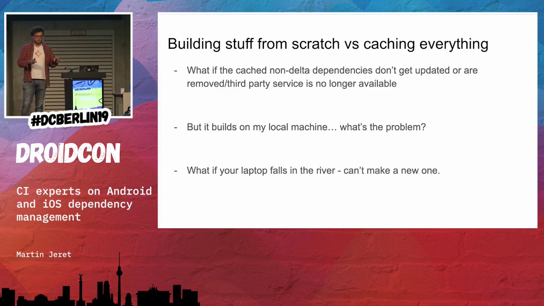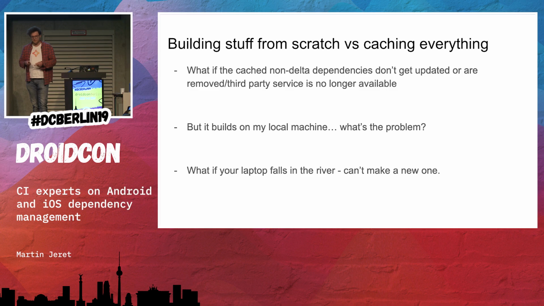Then the Anka controller saves the state, and it has a template VM that only uses the deltas to run your builds, which is quite fast. But the problem is similar to when you have caching on your local machine: you often run into the problem of what if your non-delta dependencies get updated or the services are no longer available? So it is important to build stuff from scratch.